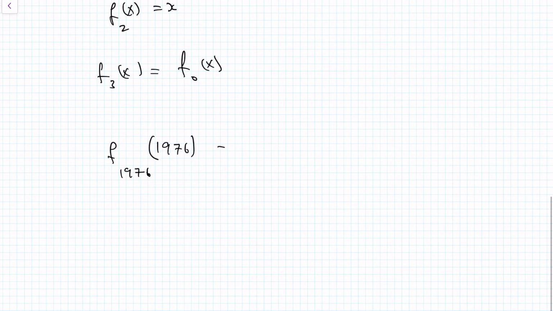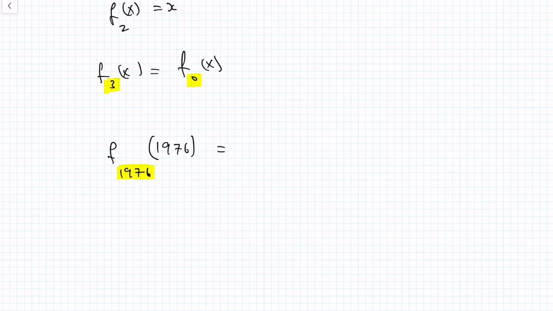Well, let's find the number that is closest to 1976 and divisible by 3. The reason we're interested in that is because f₃ is the same as f₀, and this is cyclic, which means f₆ will equal f₀, f₉ will be equal to f₀.